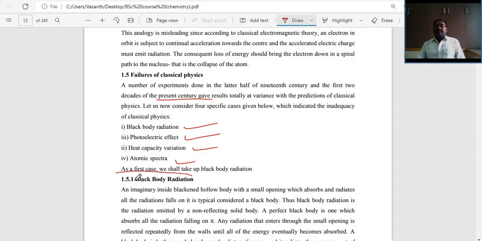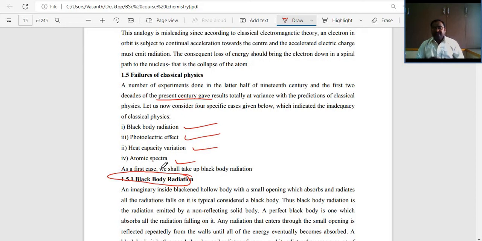What is meant by black body radiation? A black body means an ideal body which absorbs and emits radiation at all frequencies.